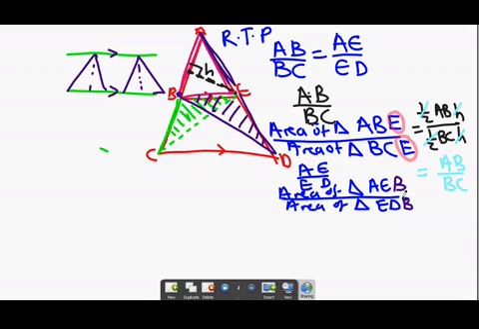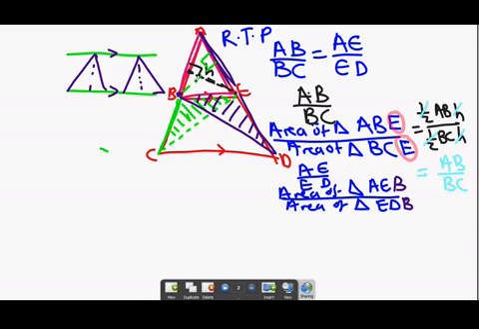Now, what about the height? The height of that triangle, let's just construct the height, is going to be perpendicular to ED. So we're just going to draw the height there inside AE. Can you see that?